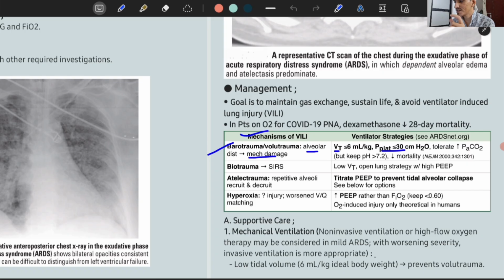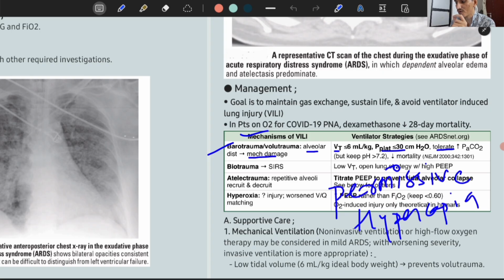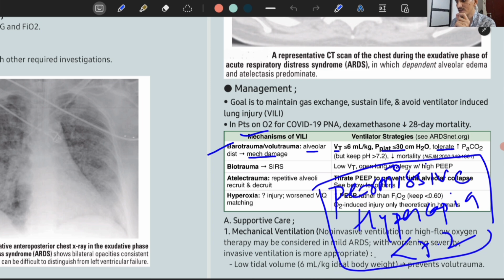And one more is something called permissive hypercapnia, such that the pH should not go less than 7.2. It should be more than 7.2.